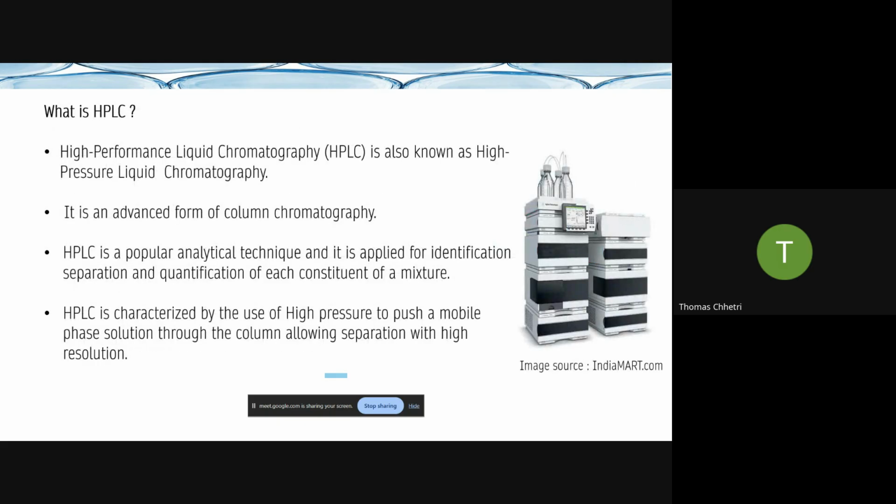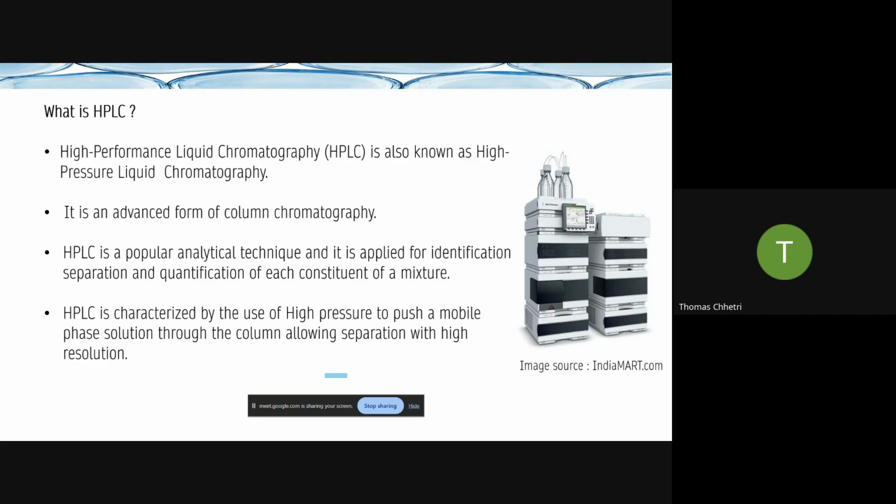Now, what is HPLC? HPLC, high performance liquid chromatography, also referred as high pressure liquid chromatography. The term high pressure is because when we inject mobile phase to the column, we apply high pressure to it instead of gravitational force, which is used in column chromatography.